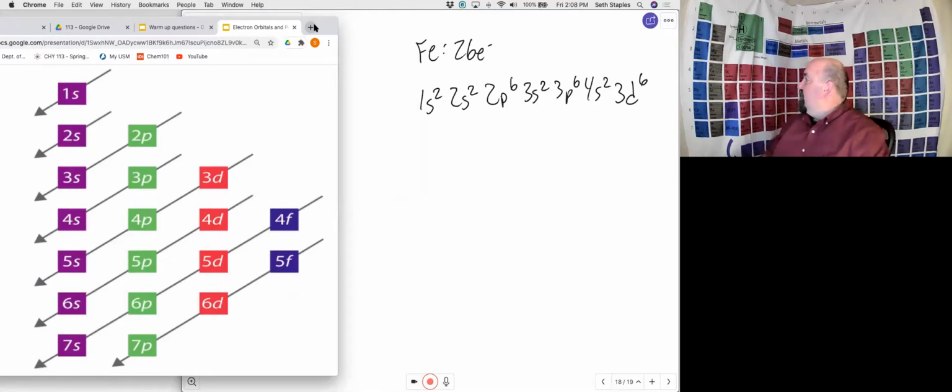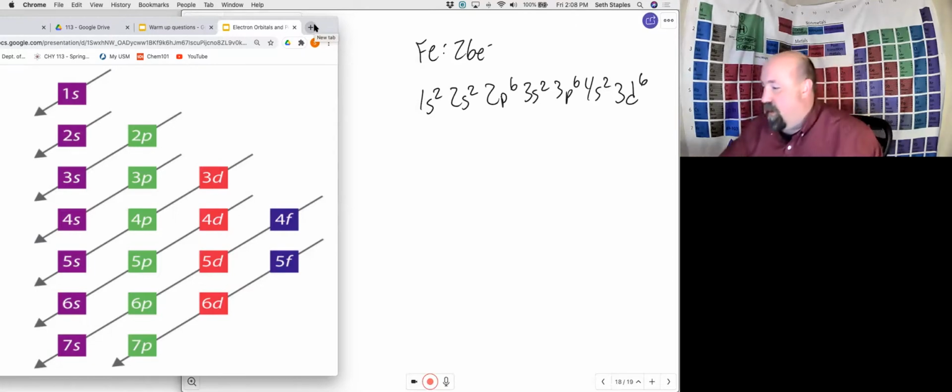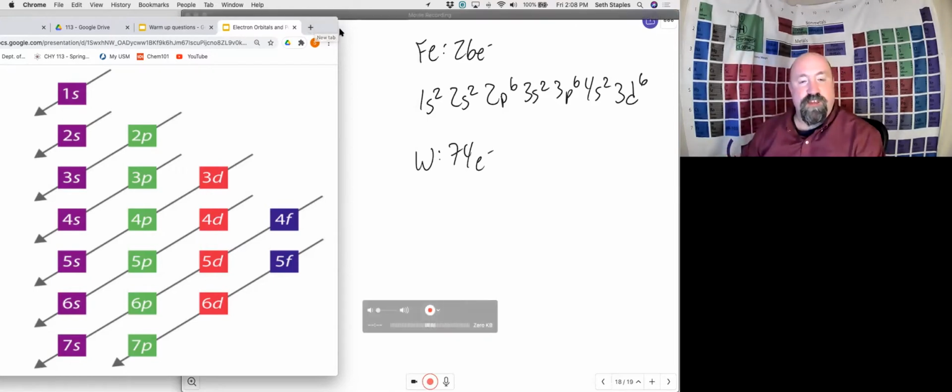Let's do one that's even a lot further down. Let's do tungsten. Tungsten looks like a fun one. 74 electrons. Symbol for tungsten is W. I know, go figure. But 74 electrons. We're just going to go through our pathway here.